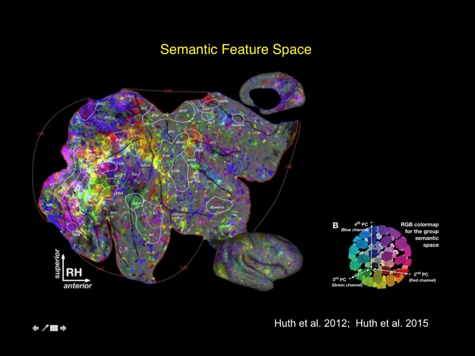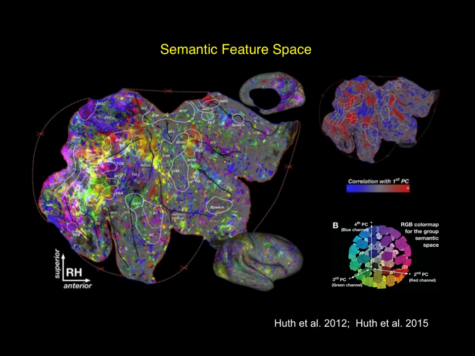Then as they move anterior in the brain, it starts to slowly change towards yellow on the opposite side of the sphere. So it's now coding for different material, but then it actually smoothly transitions back into the other and then back again. So there are these groupings of voxels that are all coding for various different types of features, and they're kind of smoothly changing along the cortex.